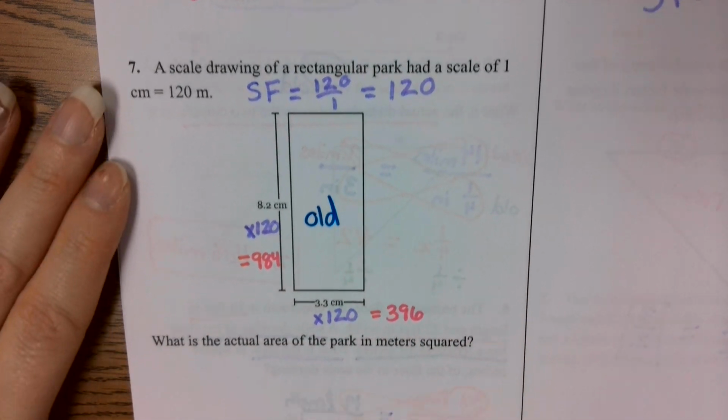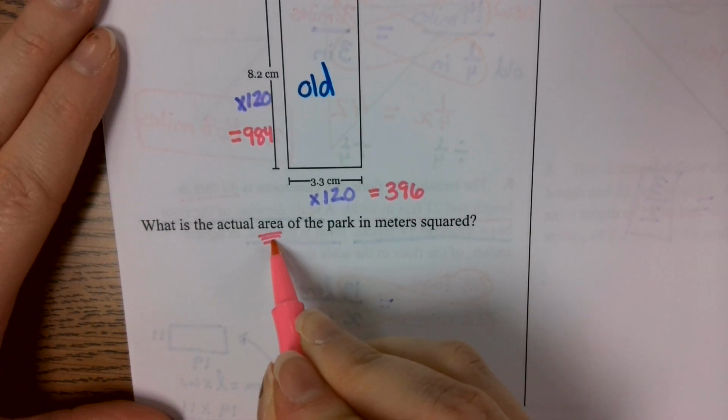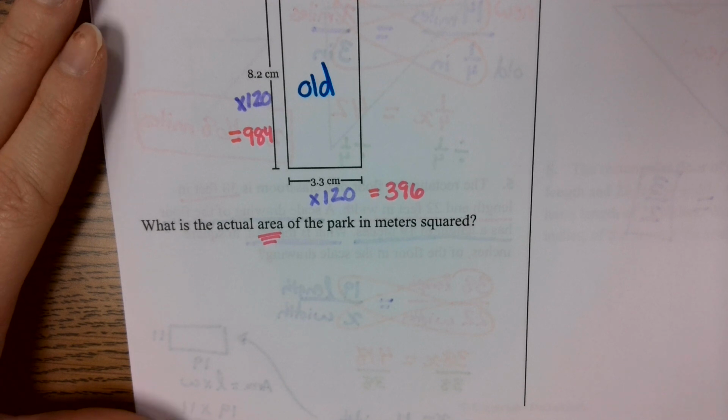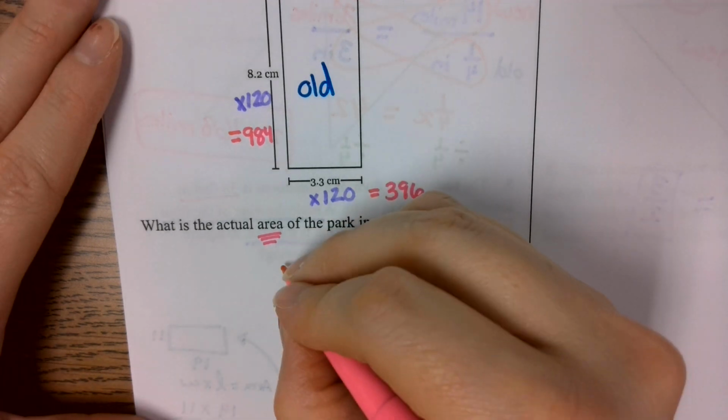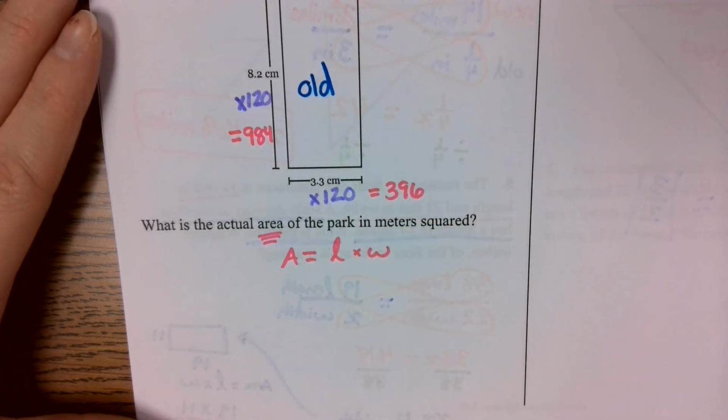Then we got to look at what the question is asking us. The question wants to know the area. So remember, area we said is going to be length times width. Area equals length times our width.